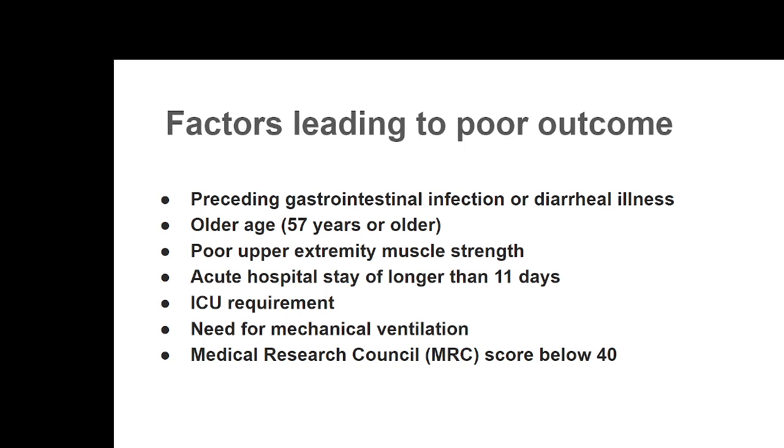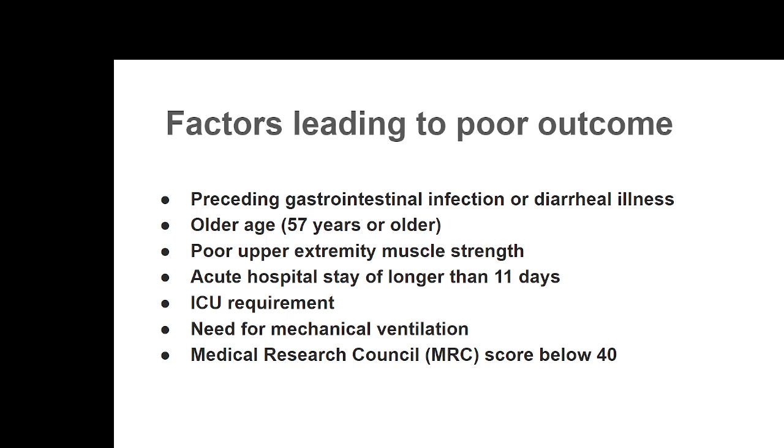One of the major risks is when the patient requires ICU treatment. The usual predictors of poor outcome are a patient developing GBS after a gastrointestinal infection, like a diarrheal illness, which is a Campylobacter pathology, and such patients who are treated with Imodium or diphenoxylate drugs like that, motility reducing drugs, have a high chance of developing these complications, and there again the outcome will be poor.